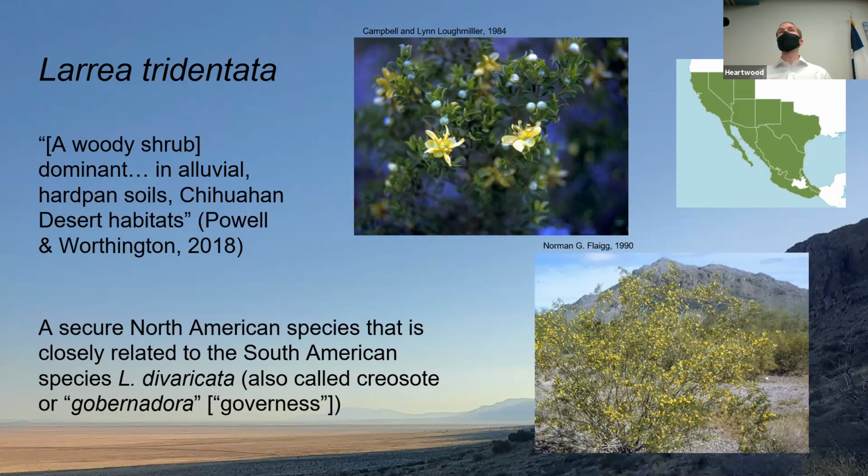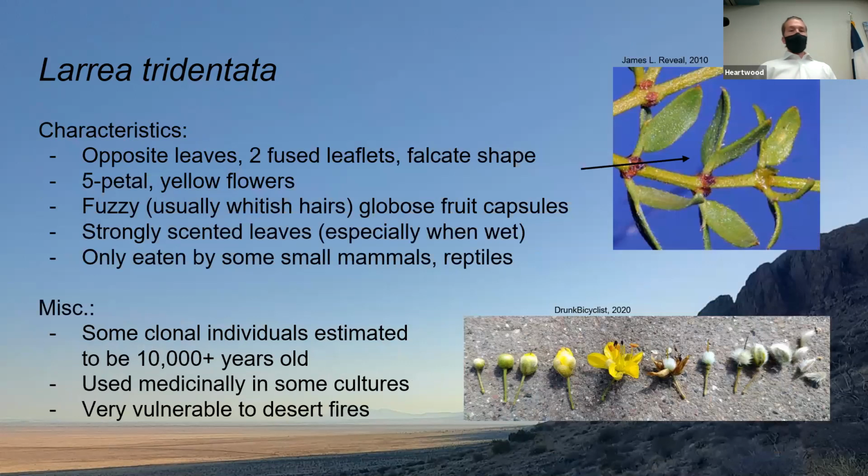And that refers to the way that they're basically a successional plant that comes into desert grasslands or other areas and dominates over other shrubs and grasses and just establishes communities that are almost purely Larrea tridentata. So some other characteristics include it has opposite leaves on its stems, and in each one of these leaves, it has two fused leaflets with a falcate shape, which is kind of sickle shaped, as you see in the picture there.